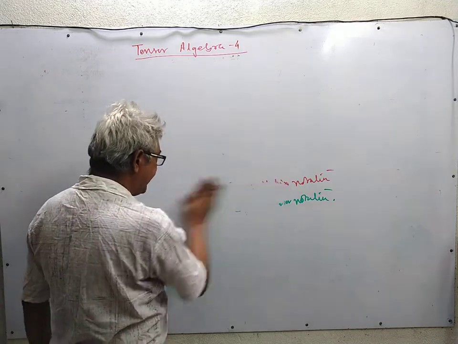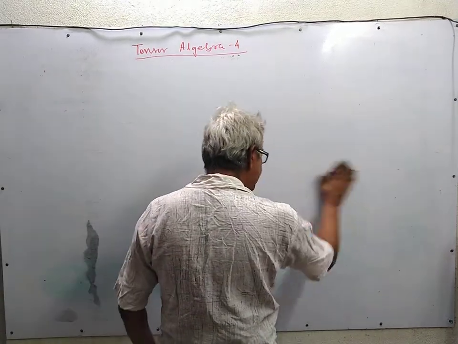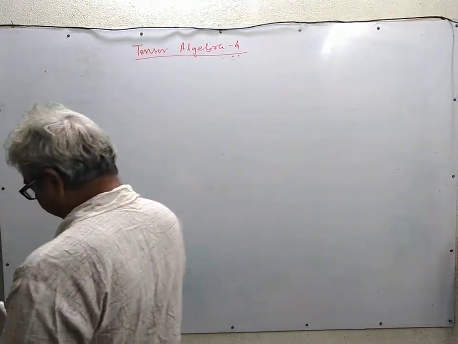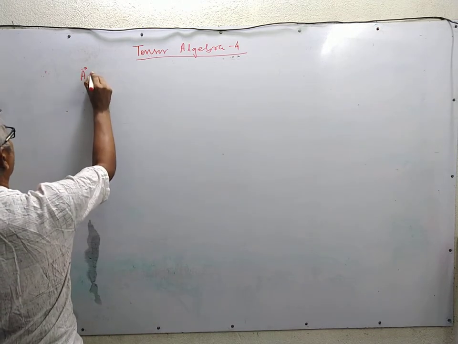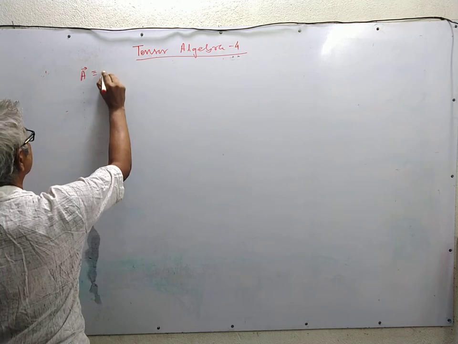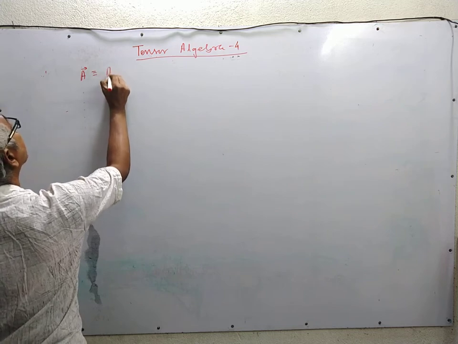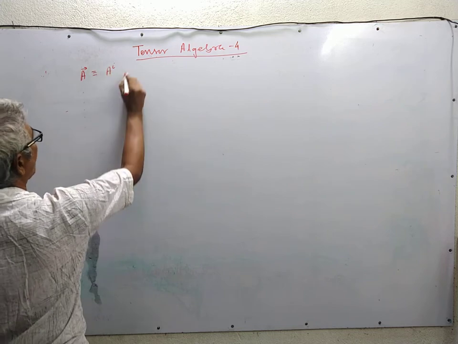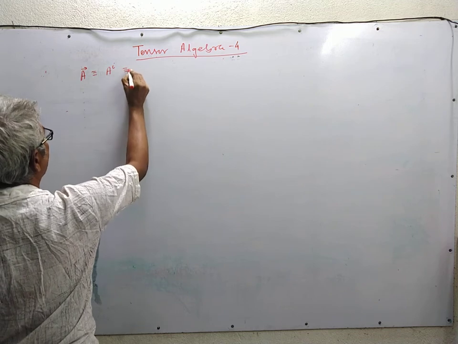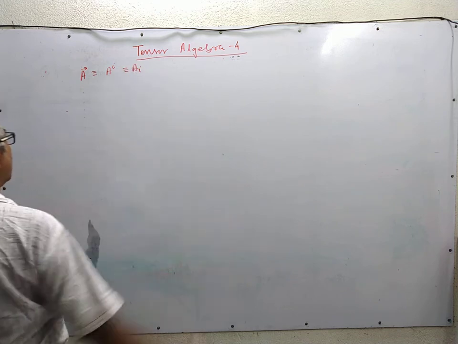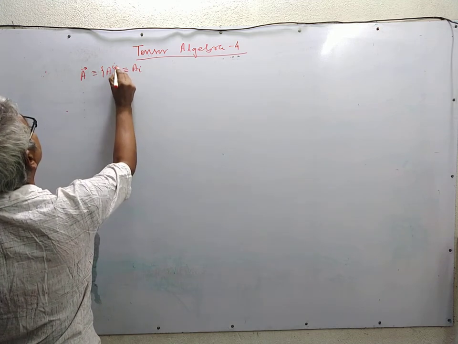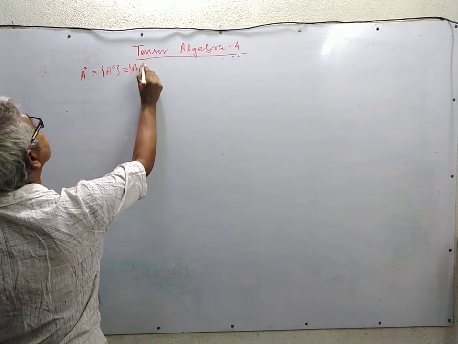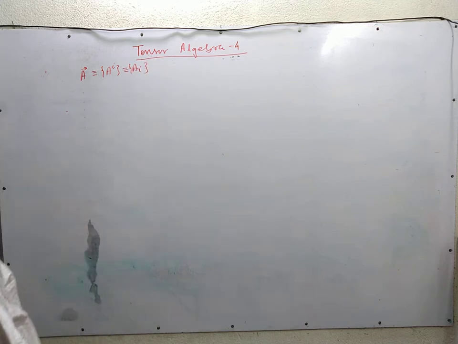So the same vector can be expressed either in terms of the set of contravariant components, or in terms of the set of covariant components.